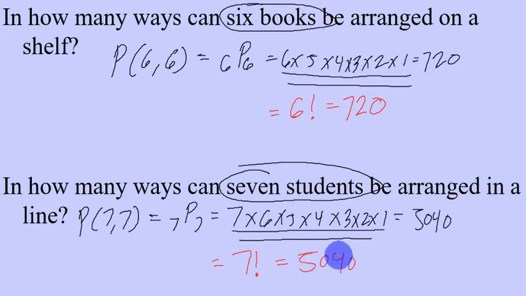Most calculators have this notation, usually seen in the buttons or shift buttons as n factorial. So the calculator can immediately calculate the factorial of a given natural number.